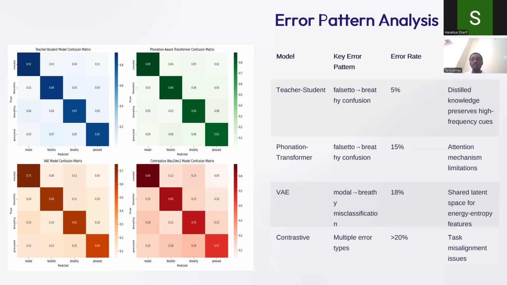In the VAE, it is 18% due to the shared latent space for energy and entropy features. And in our contrastive Wav2Vec, the error pattern had multiple error types, and it was greater than 20% due to task misalignment issues of using the pre-built Wav2Vec model.